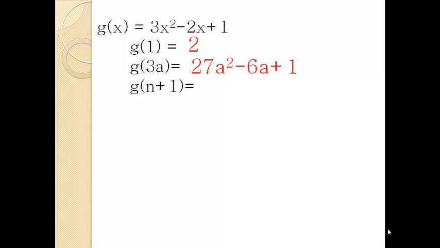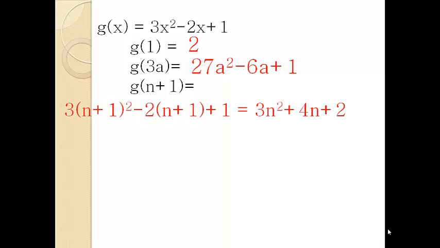Be careful with the squared. And n plus 1. If you plug in n plus 1, you have to square it. And you also have to plug the n plus 1 in for the x next to the 2. n plus 1 squared, you have to remember to FOIL that in order to distribute the 3. So you have to FOIL it first, then distribute the 3 across, and then you can simplify.